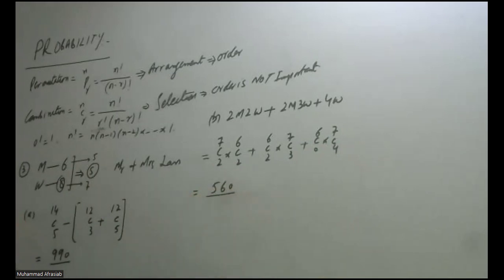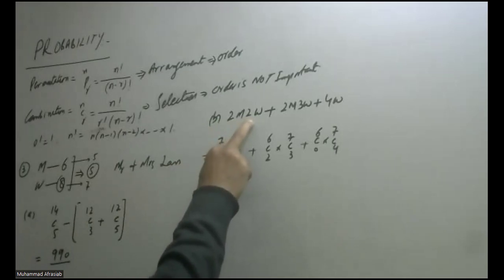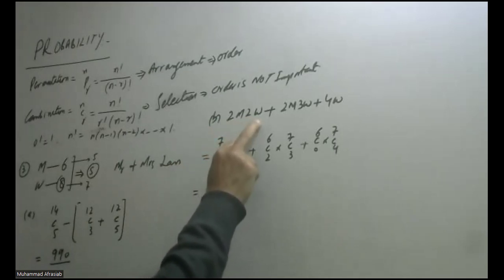560 is the total number of the people in which already they have included Mrs. Lane there. So when she is already included there, it means women are more than men. In the case when two men and two women, it means one is already Mrs. Lane there, so it should be three there.